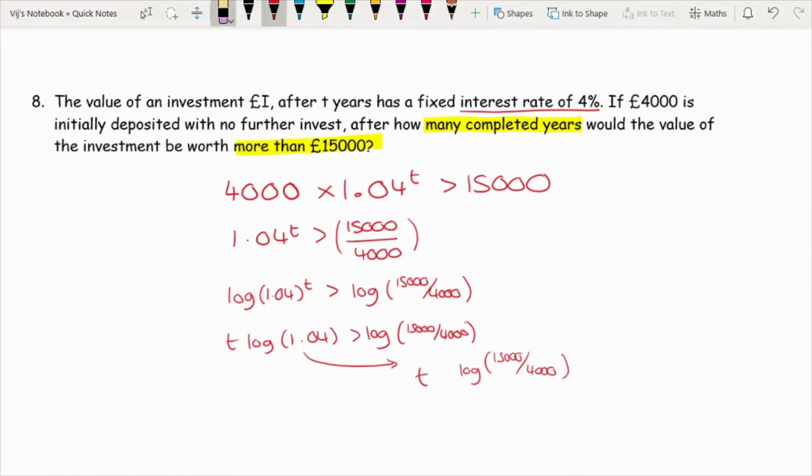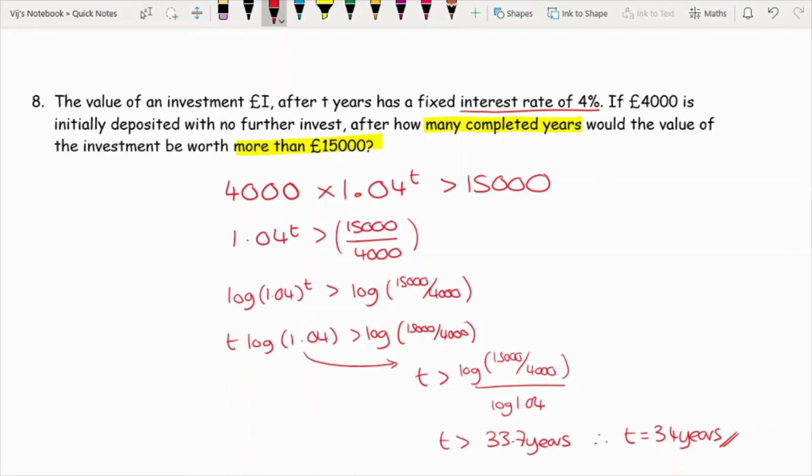Let's turn that into an inequality, and that's all divided by log 1.04. If I type that into my calculator, I get an answer of 33.7 years. As the question asks for how many completed years, t equals 34 years. So after 34 years, that investment of £4,000 will become over £15,000.